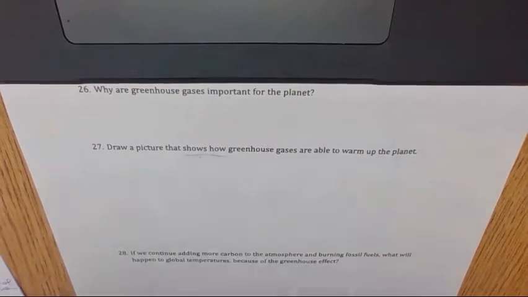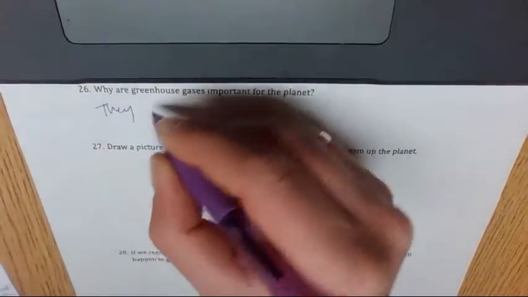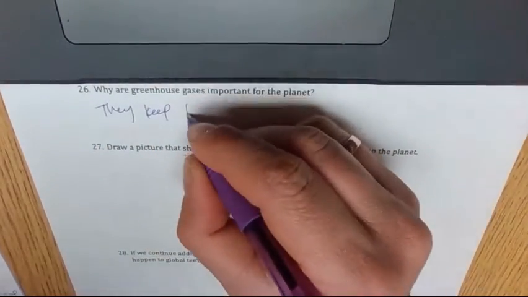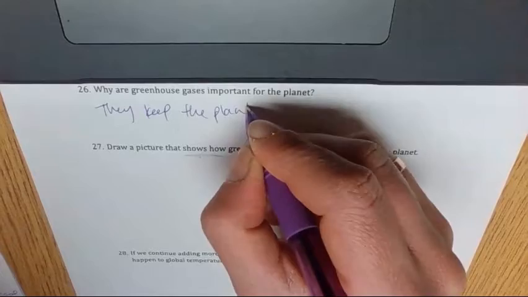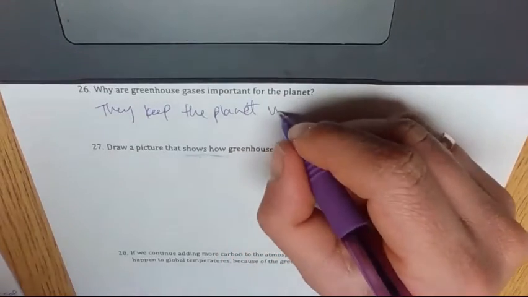All right, last page. So why are greenhouse gases important for our planet? They keep the planet warm, about 60 degrees warmer than it should be.